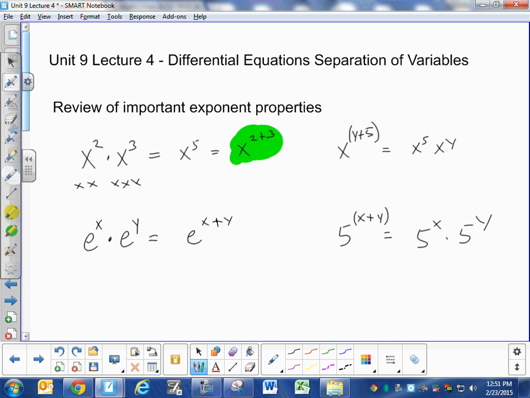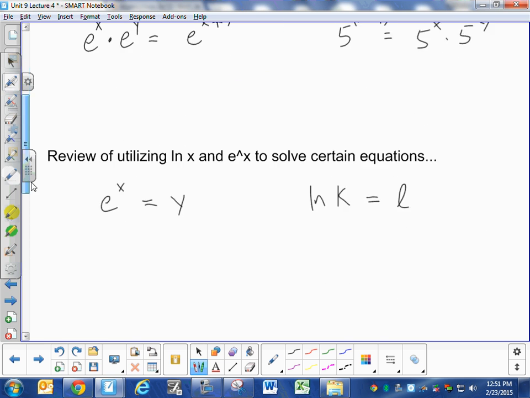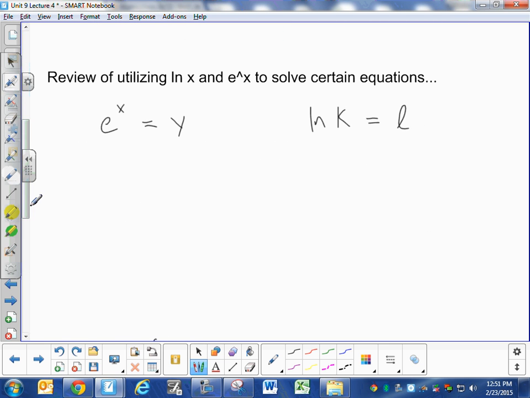Okay, so that's first. Second, we need to remember how to solve for certain variables in certain situations in powers of e or in a logarithm. So if I want to solve for x in this equation, e to the x equals y on the left, what do I do to get x by itself?